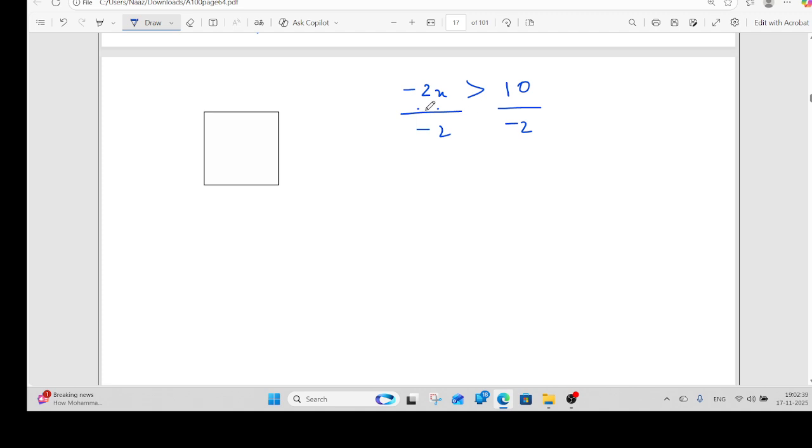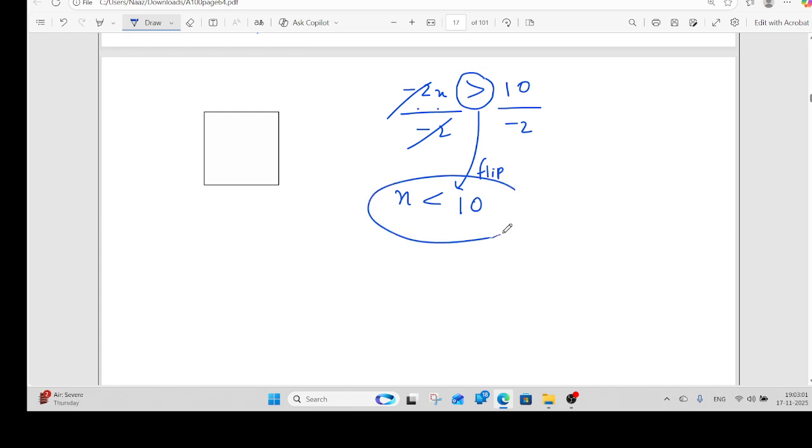When we divide by a negative number or multiply by a negative number, we always flip the inequality sign. So the negative 2 and negative 2 cancel out, we flip this sign, and my answer is x is less than negative 5. It was greater than, but we flipped it, now it is less than. Remember, we flip it when we are dividing or multiplying both sides by a negative number. So that's how we solve inequalities.